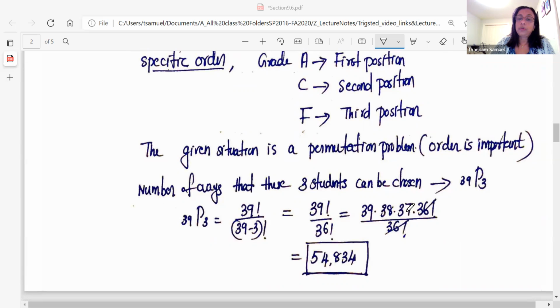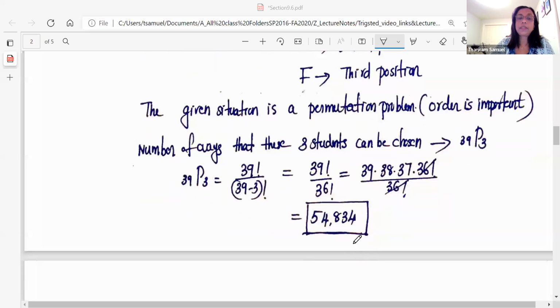To simplify this, we can rewrite this as 39 times 38 times 37 times 36 factorial over 36 factorial. So these will cancel each other. So the final answer is 54,834. So the number of ways that the 3 students can be chosen is 54,834.